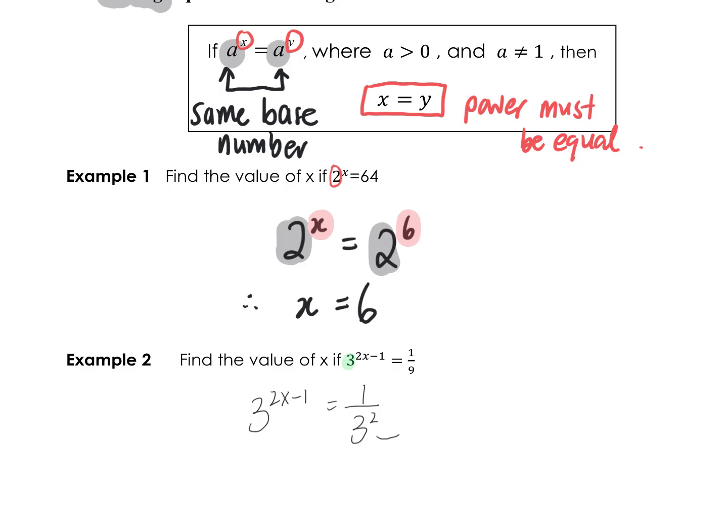So how can I bring this up? Remember we had a law? We had a law that says if you have this, you can shift it up and make it a negative power. So it's 3 to the power of 8. Yeah, so shift this number up to the ground floor and change the power to negative 2.